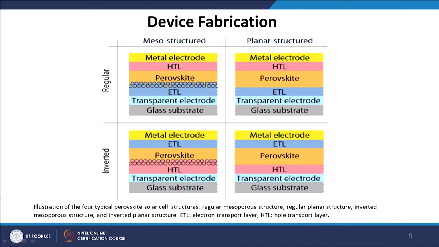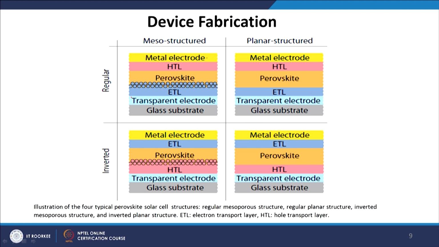For example, you look at this picture here, if we have a regular perovskite solar cell with a mesostructured orientation, I have a glass substrate, transparent electrode, ETL or electron transport layer, perovskite, hole transport layer and metal electrode. Whereas in the regular planar structure, glass substrate, transparent electrode, ETL, perovskite, HTL and metal electrode.